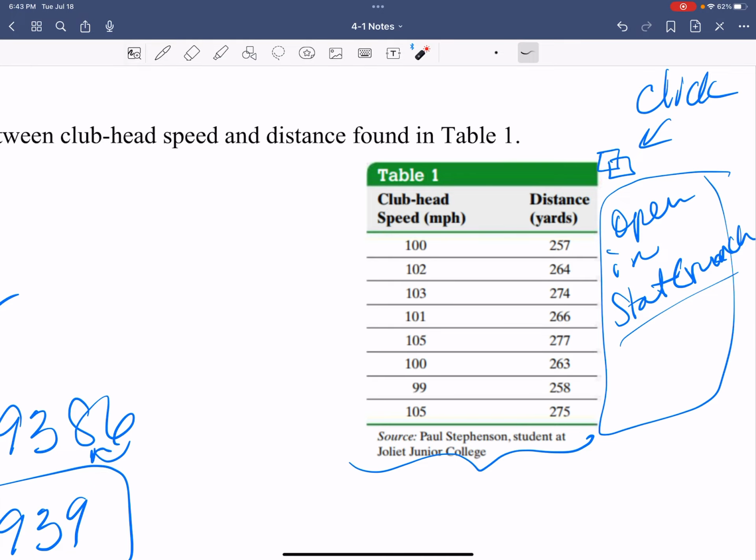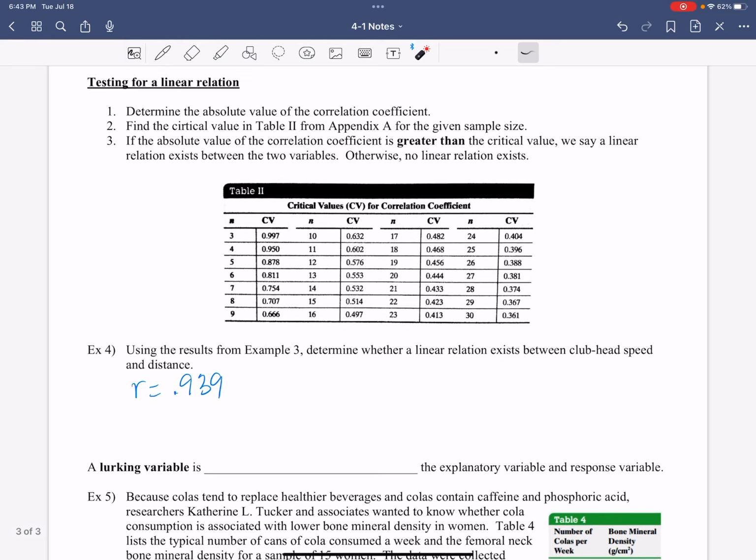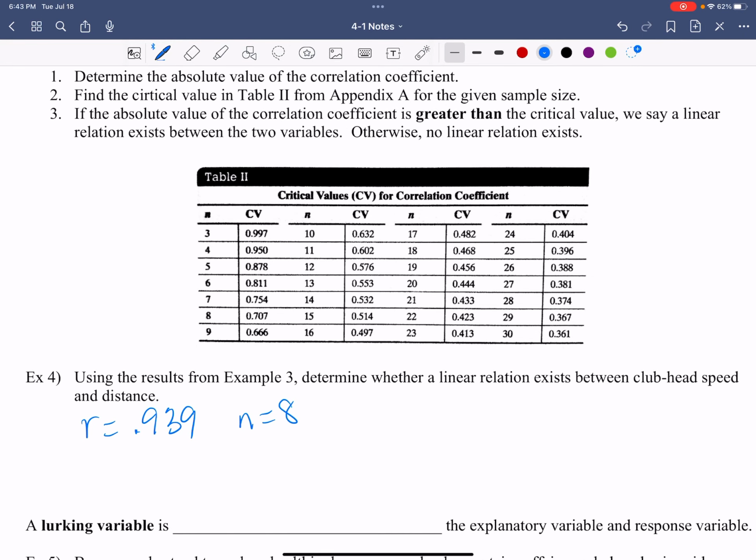So that tells me that n equals 8 here. n is the sample size. So we have our 8 right here.